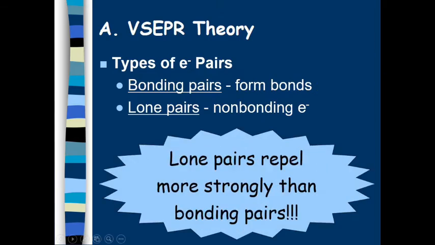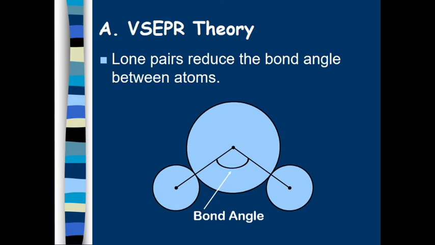And with these pairs of electrons, our lone pairs, again, we're going to focus on the central atom, repel more strongly than bonding pairs of electrons. So lone pairs affect what we call the bond angle, since they repel more strongly. If you had, for instance, the one we looked at earlier, something like this, that bond angle is 180 degrees.